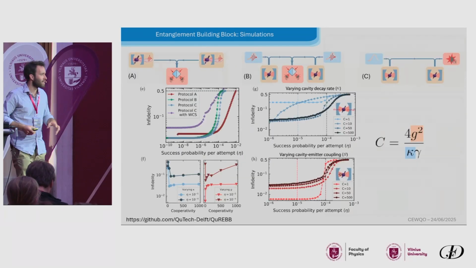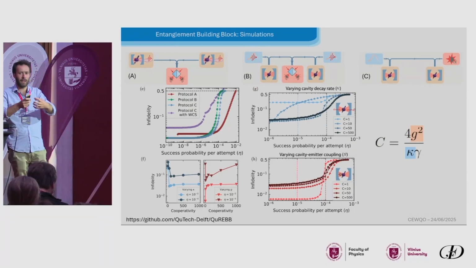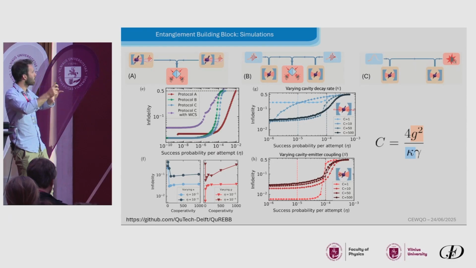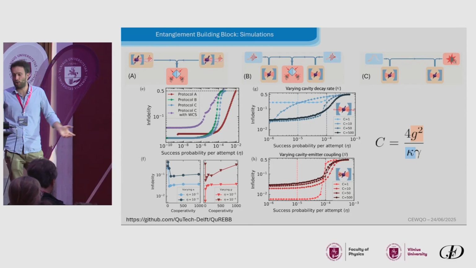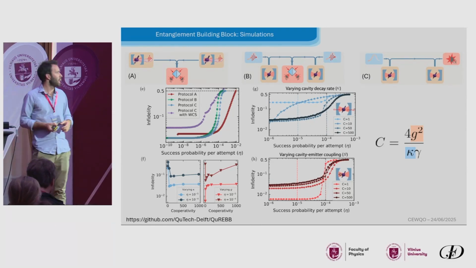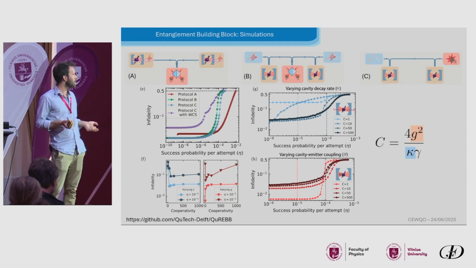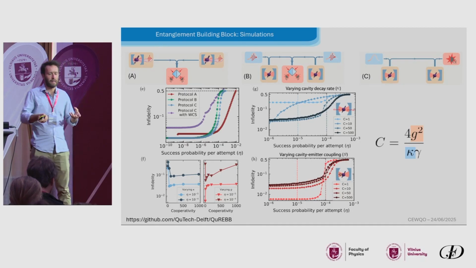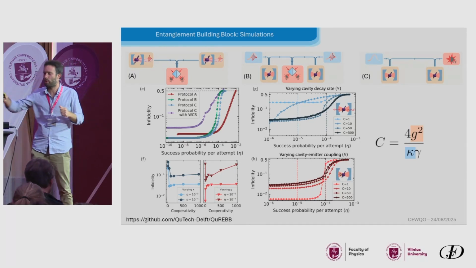If you have a more detailed model, you can also try sweeping the parameters of your system and seeing how these protocols perform in different parameter regimes, which could be very useful. In our case, we tried, for example, changing the cooperativity of the cavity emitter system and saw how one of the protocols was performing, and this can give you an indication of where to improve your system and where it's actually not useful to improve it.